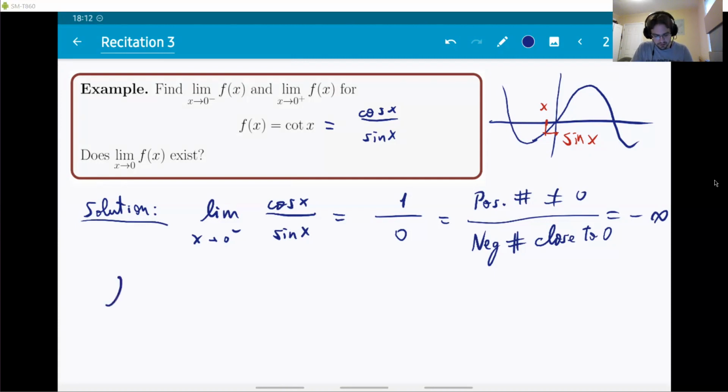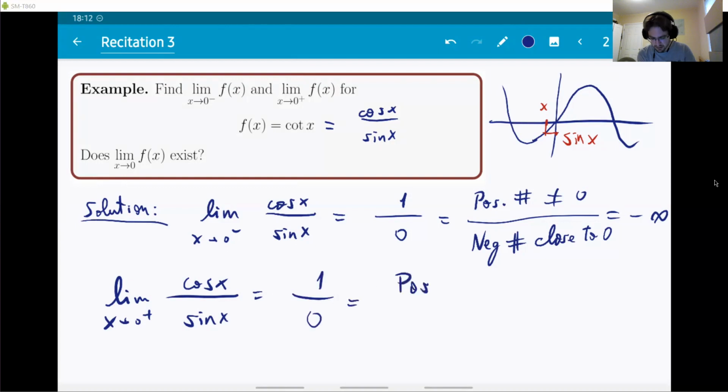And what's going to change when you do it from the right is the sign of sine. Because cosine of 0 is still 1, sine of 0 is still 0. But now you're coming from the right side. Positive number different from 0 divided by positive number close to 0.